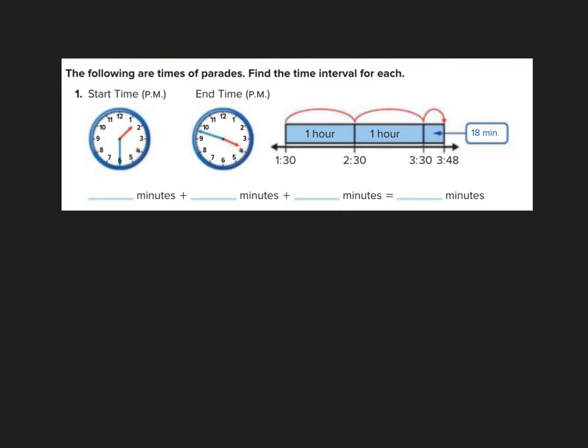The following are times of parades. Find the time interval for each. So the start time is between 1 and 2, so it's 1 something, 1:30. And then the end time is 3:48. Here's what I do. 1:30 to 2:30.